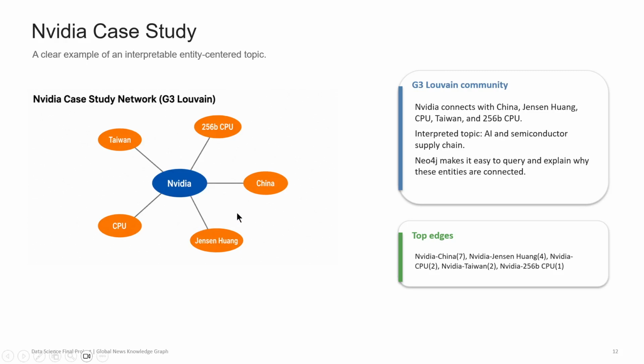And overall, this community can be interpreted as AI and the semiconductor supply chain. This case study shows the value of graph modeling. Instead of looking at isolated keywords, we can see how companies, people, products, and countries are connected in the news graph.